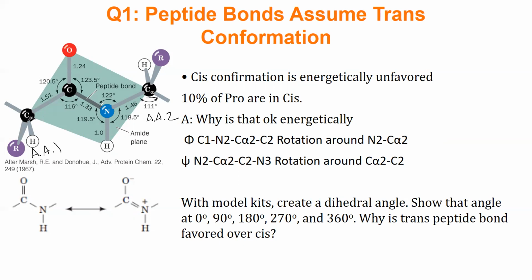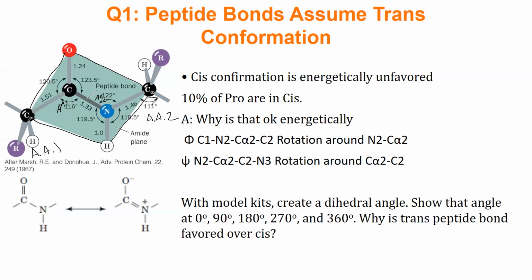And when you form a peptide bond, the peptide bond actually forms a plane, like a square that I'm drawing here right now, between the carbon alpha and carbonyl carbon of amino acid 1, and the nitrogen and carbon alpha of amino acid 2.